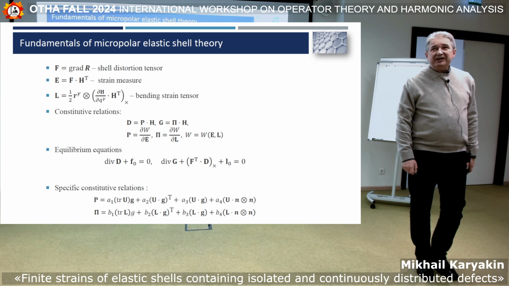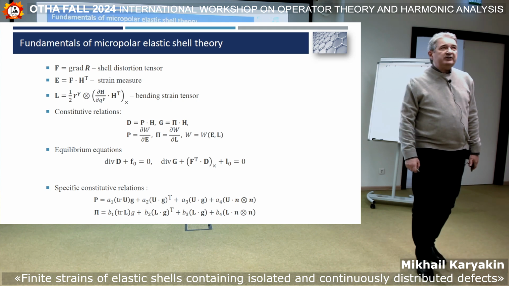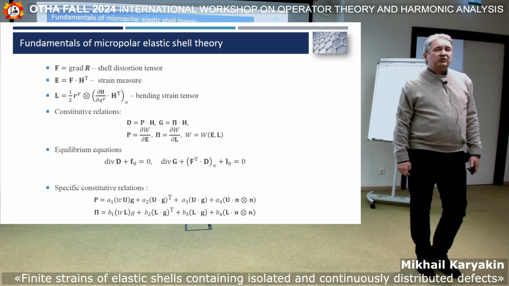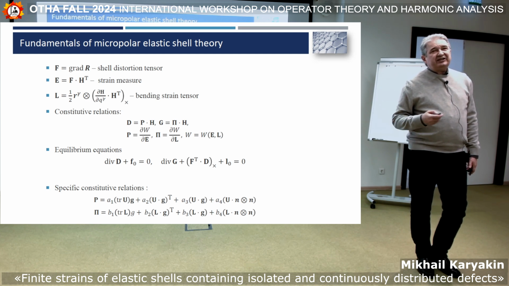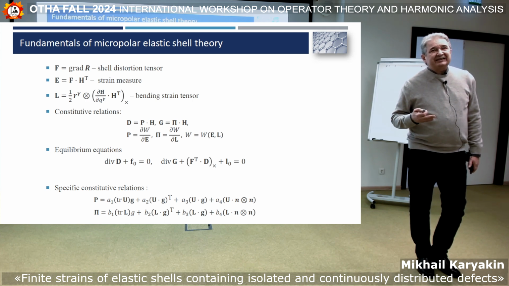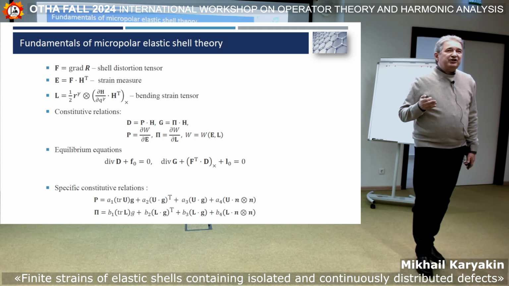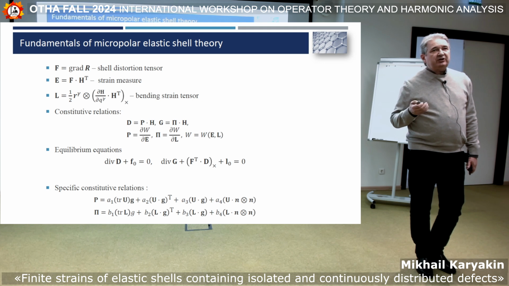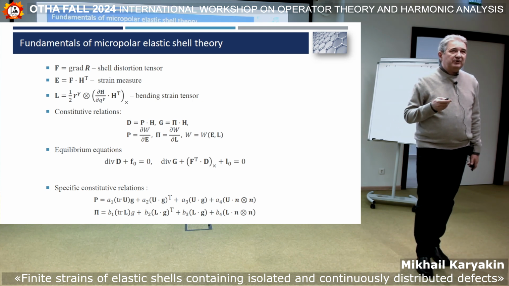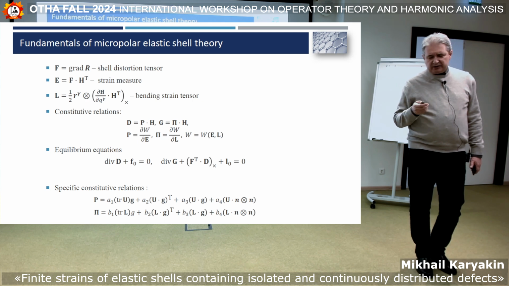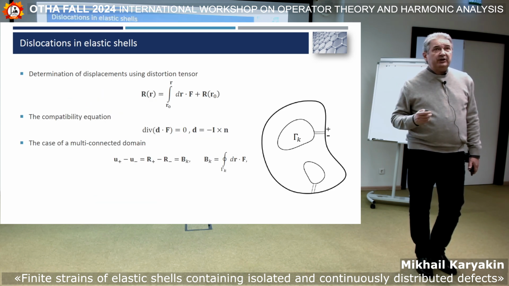They are not very general, but at least they can take into account a lot of nonlinear effects. You see, in some sense, it is a quasi-linear equation, but the tensors presented here, tensor U and tensor G, are nonlinear functions of strain. So these are nonlinear constitutive relations.